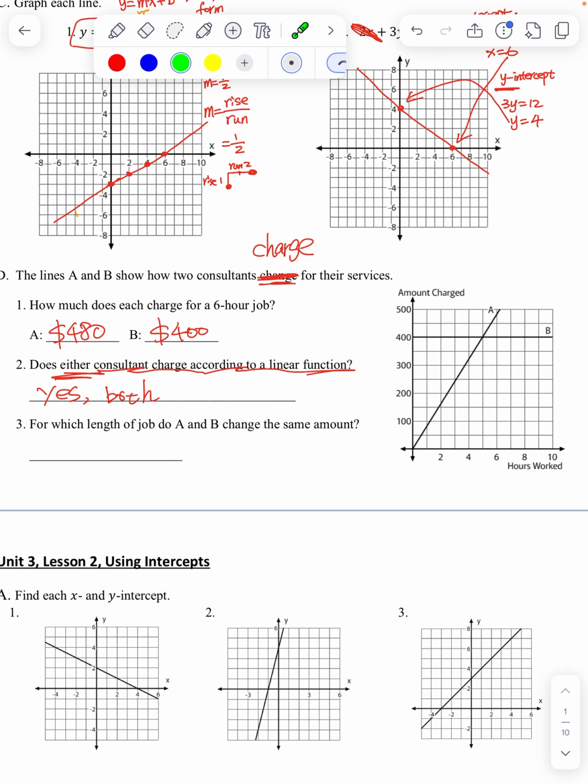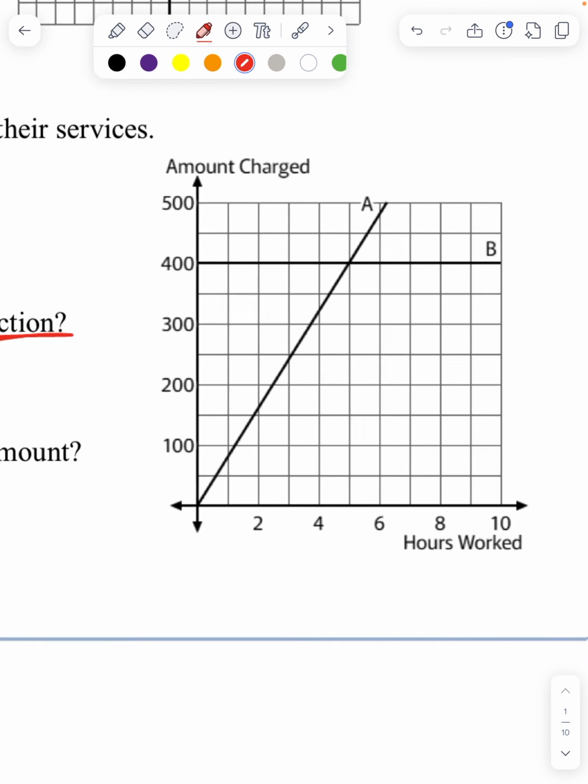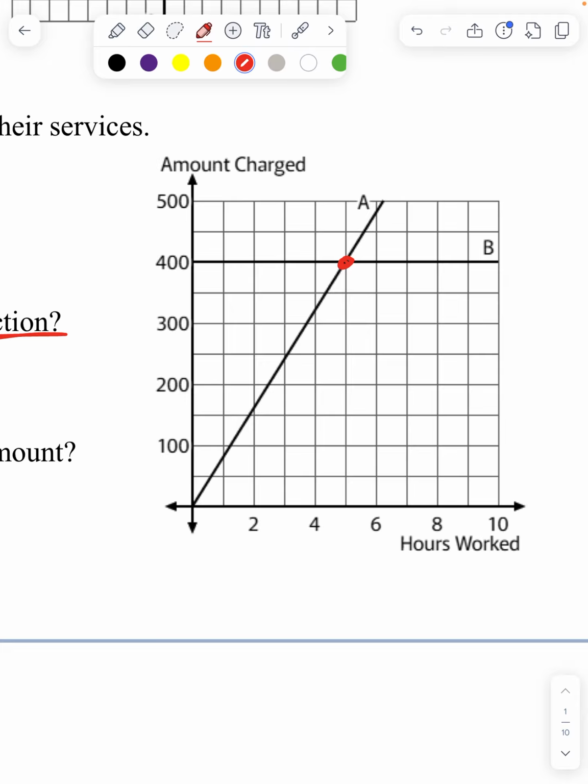Number 3, for which length of job do A and B charge the same amount? Oh, there's also a typo. So this is charge. Charge is the same amount. Okay. On the graph, they intercept here.